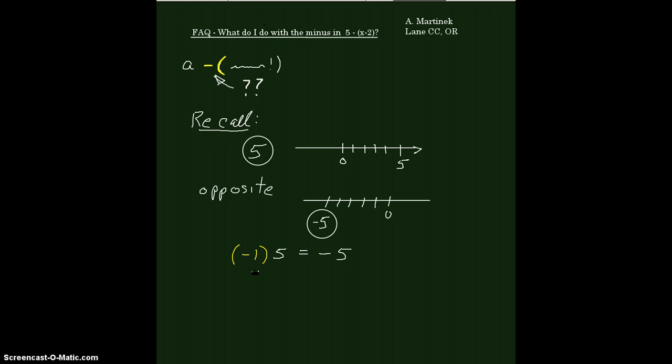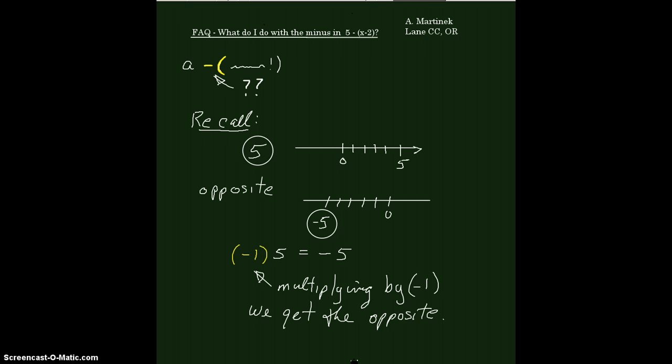So notice that by multiplying by minus 1, we get the opposite. Alright, so I could take minus 1 times 5, and I get minus 5, or the opposite of the number 5.